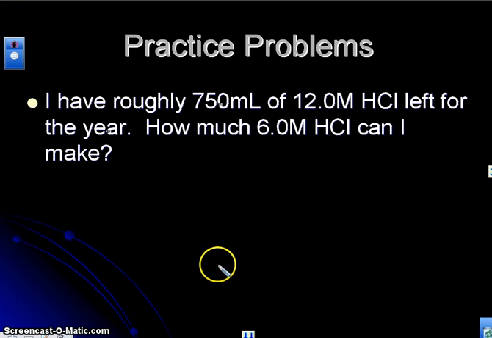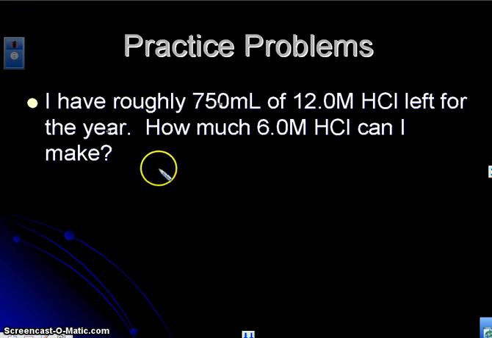First of all, I want to ask, is it a dilution question? We've been given 12 molar hydrochloric acid and we're making 6 molar hydrochloric acid. So it's being diluted, a more concentrated solution being made into a less concentrated solution. So this is a dilution problem.